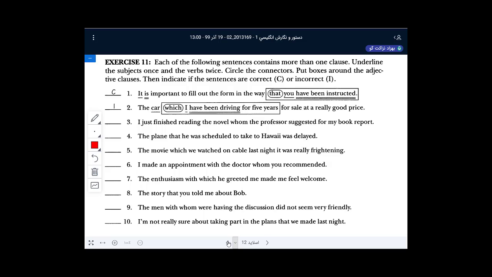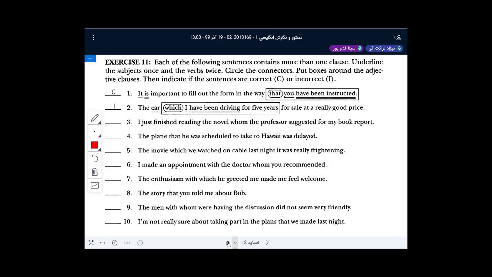Do we use whom for plane? No, I don't think so. The plane that he was scheduled to take to Hawaii was delayed. This sentence is correct, and the connector is the correct connector. Sina, go on with number 5.